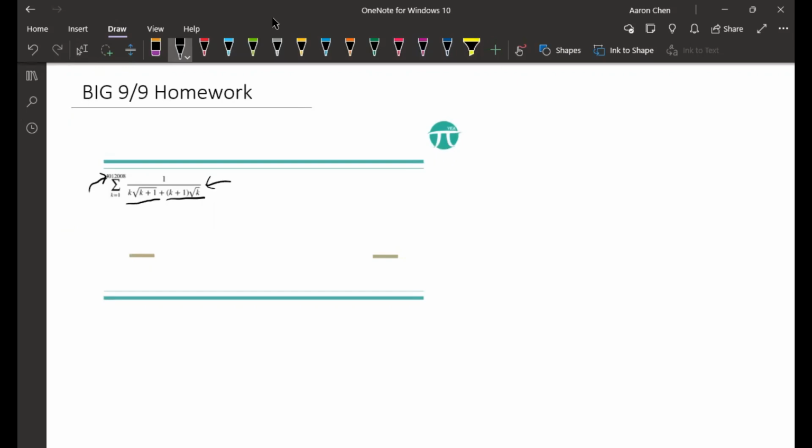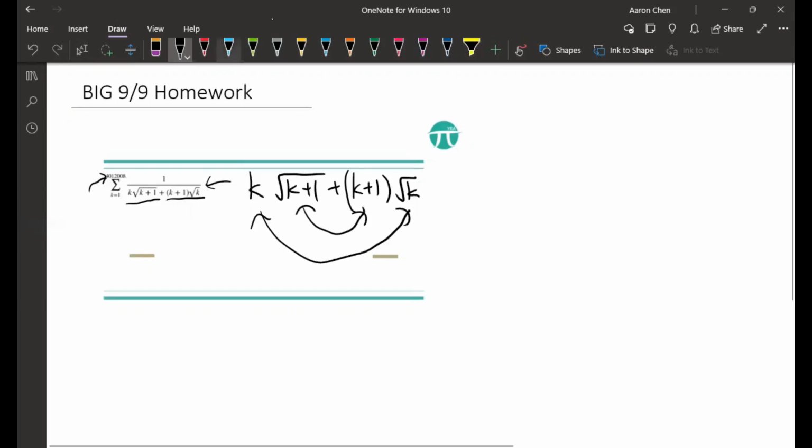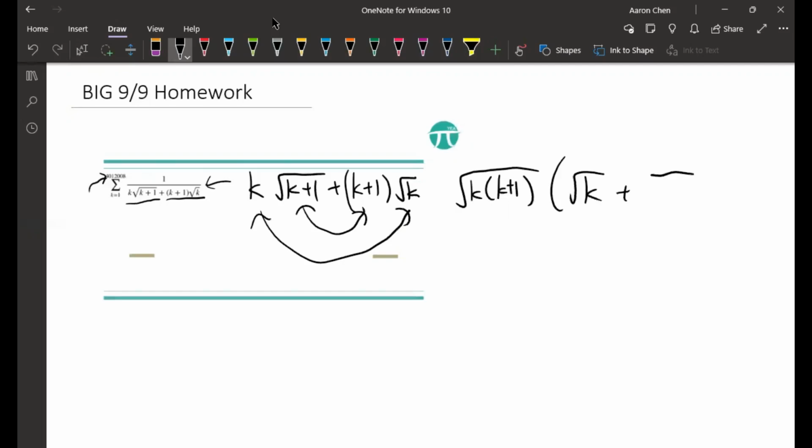You can see that the denominator is k times the square root of k plus 1 plus k plus 1 times the square root of k. You may notice that these pairs match up. So you can extend this further by factoring out the square root of k times k plus 1. What you have left is the square root of k plus the square root of k plus 1.